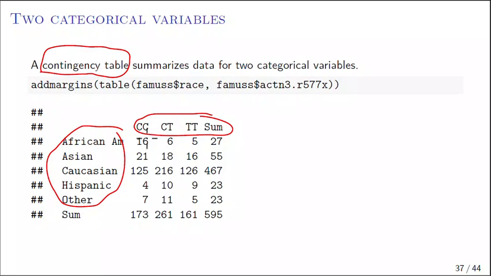They split into this many cells, right? For example, African, how many of them have the CC type? 16. Asian, 21. Caucasian, 125. We just list those observations like that. That's what we mean by contingency table.